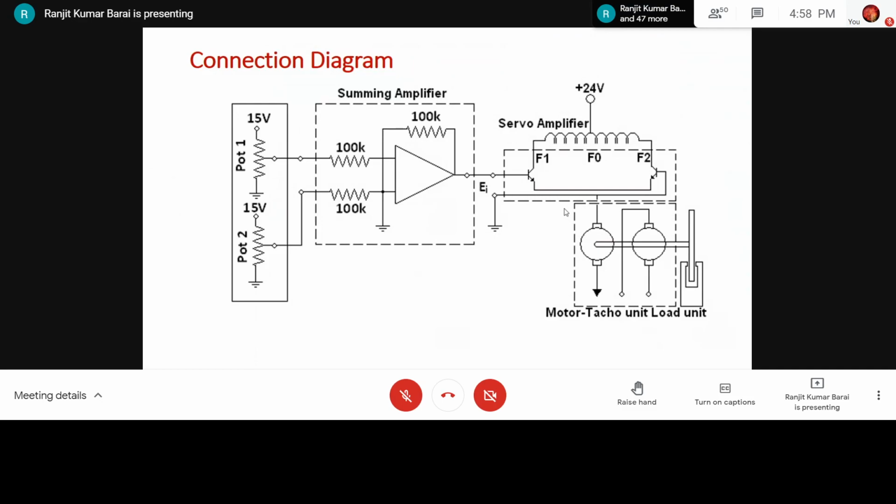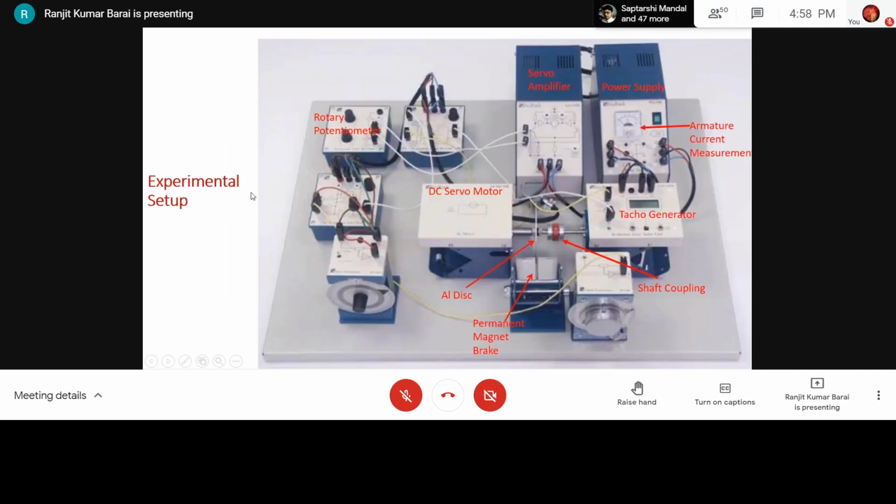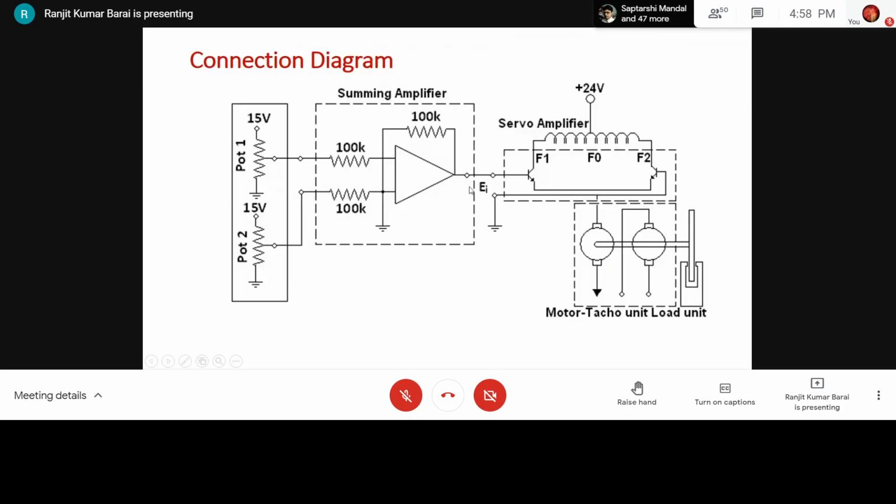So this is the connection diagram. One mistake is there. The armature is connected over here, but actually this is to be connected at this point. A jumper is there, so a small mistake. We are using the potentiometers to generate variable voltage, and if you want to add the two voltages, you use a summing amplifier, which gives the voltage to the servo amplifier.